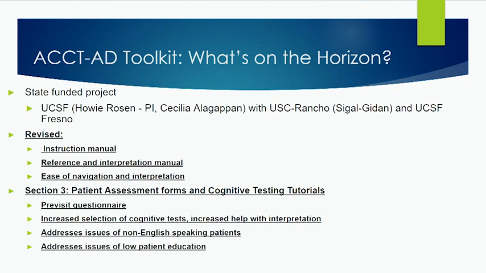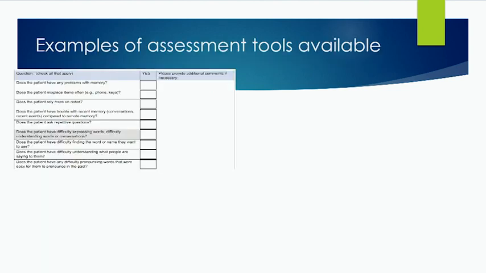And then we're also addressing the issue of non-English speaking patients and translating this into a couple of languages, and also addressing the issue of what do you do with patients with low education, because you can't necessarily evaluate them exactly the same way. So that's what's new. I wanted to give some examples of what's available eventually. Still in beta testing is a pre-visit questionnaire where the patients or the family might fill this out ahead of time, as I mentioned.